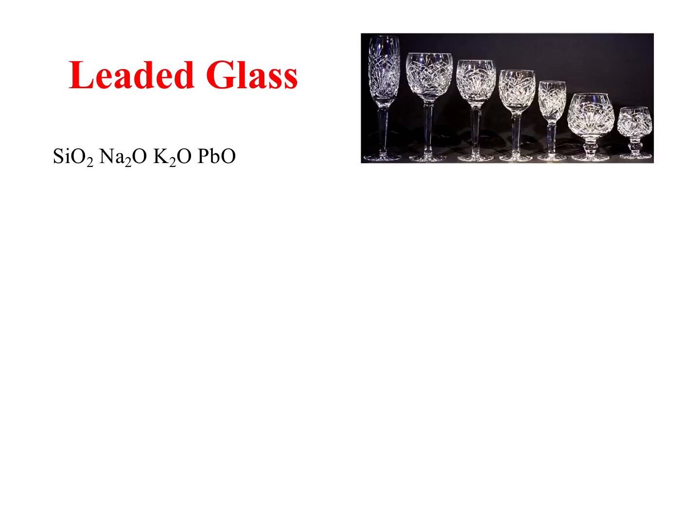Another type of glass you'll hear about is leaded crystal. That's a misnomer. It's really leaded glass. Right? It's just cut to look like crystal. It's made out of silica dioxide, sodium oxide, potassium oxide, and lead oxide.